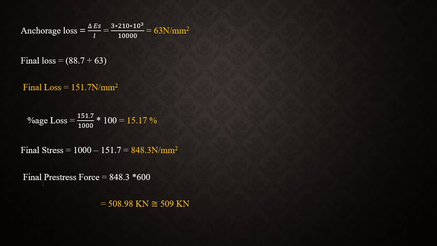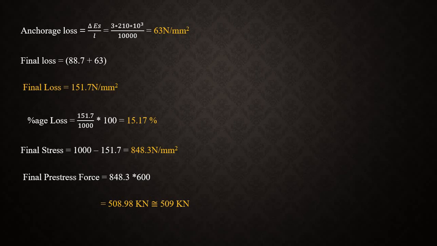Next is the final pre-stress force. This is a stress, but using this stress we require the final pre-stress force. We know that to find the pre-stressing force, the formula is stress into area of the cable. Here we are dealing with the final pre-stress force, so take the final stress value.